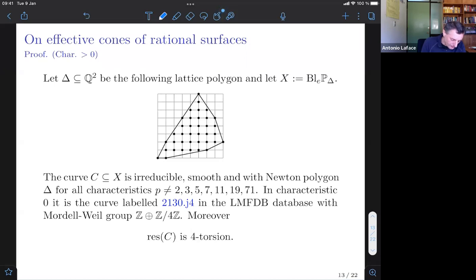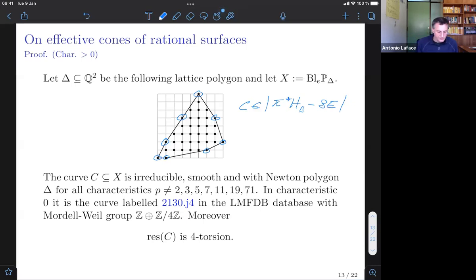So this time we have 1, 2, 3, 4, 5, 6, 7, 8 vertices, but also 8 boundary points. And the volume is 64. We repeat the construction, same linear system. This time C is living in π star H_Delta minus 8E.